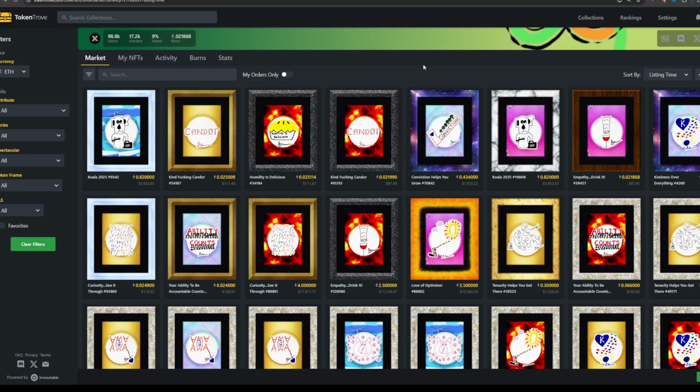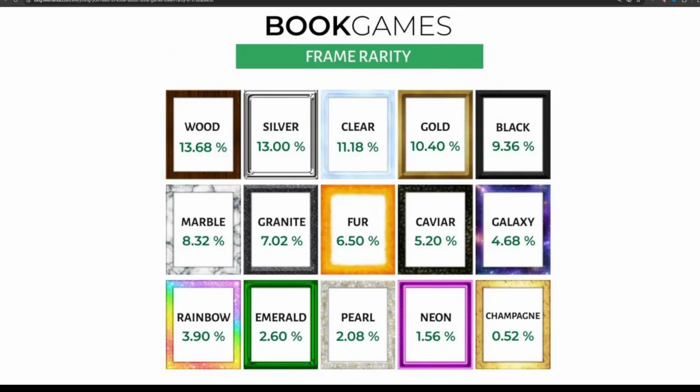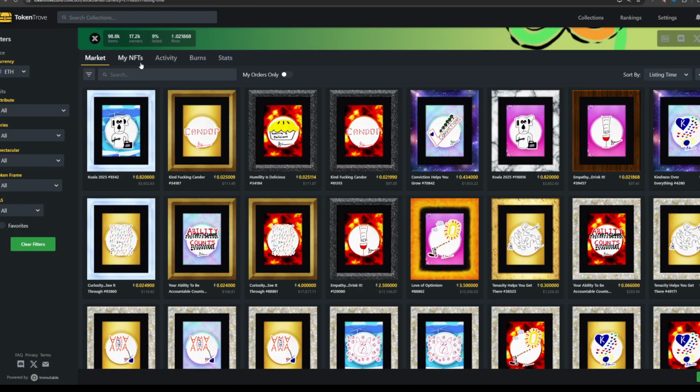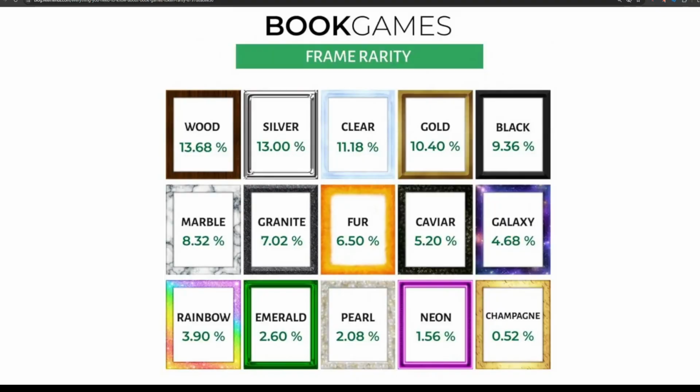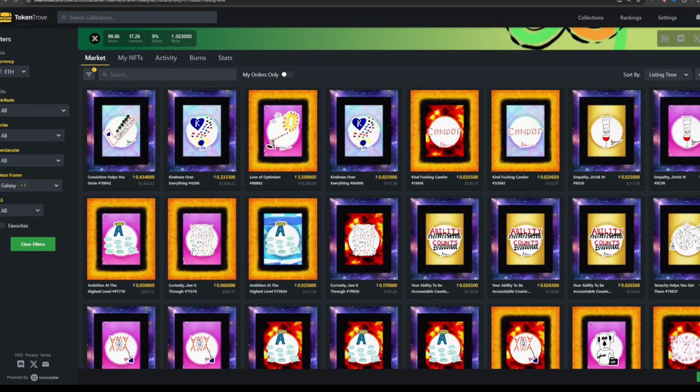So in order to start this off, you have to catch your bearings somehow. And so I like to start by catching my bearings with the frame rarity. I start with Galaxy. So let's start with Galaxy. Galaxy, Fur, and Caviar.